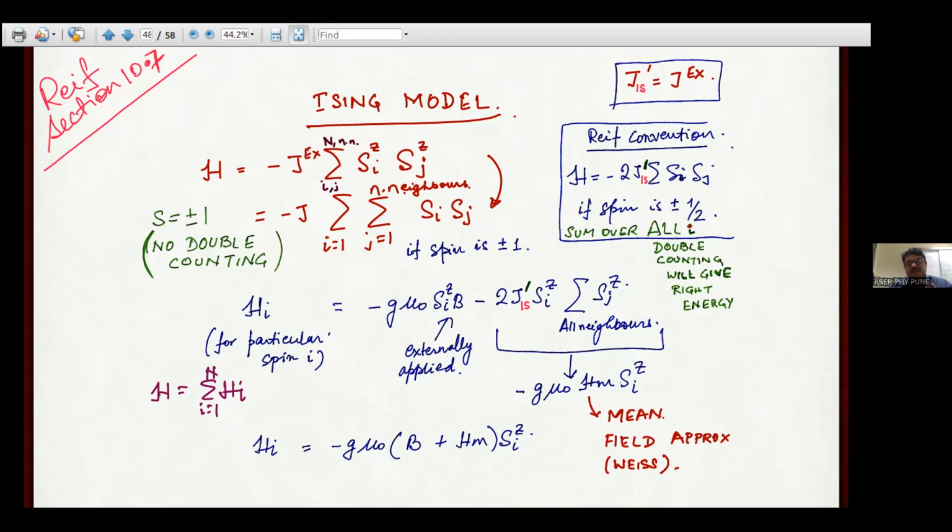So that we know what is the average magnetic interaction that each spin is seeing under different conditions, different temperatures, right? Because J Ising is a system parameter, number of neighbors is a system parameter. What is the maximum value of S_i it can take? Of course, for Ising it's plus half and minus half, but in general it can be plus J. So all those things are fixed.